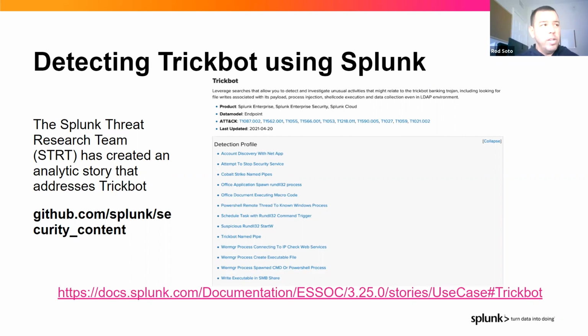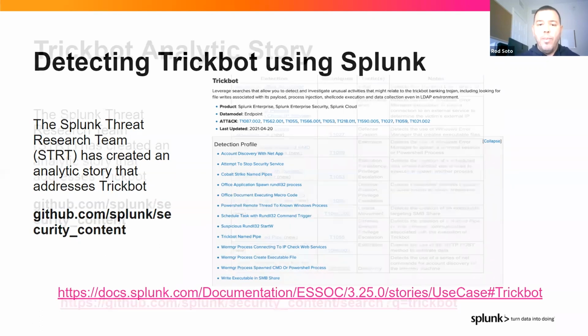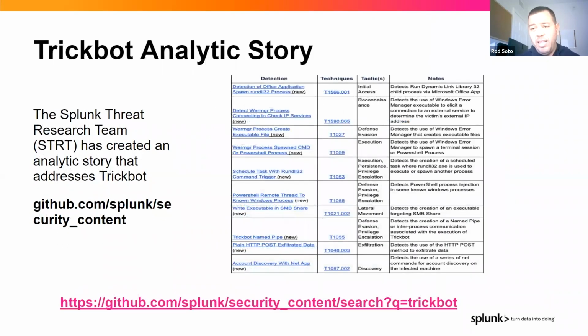The subject of this one is detecting Trickbot. As you can see in this analytic story, which is basically several detection searches, sometimes investigations, or even playbooks, they're put together within a subject. Like I said before, this subject is Trickbot.